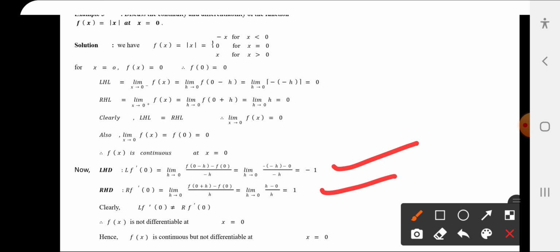Both the left hand derivative and right hand derivative exist, but they are not equal. Therefore the left hand derivative is not equal to the right hand derivative, and hence the function is not differentiable at x equal to 0.